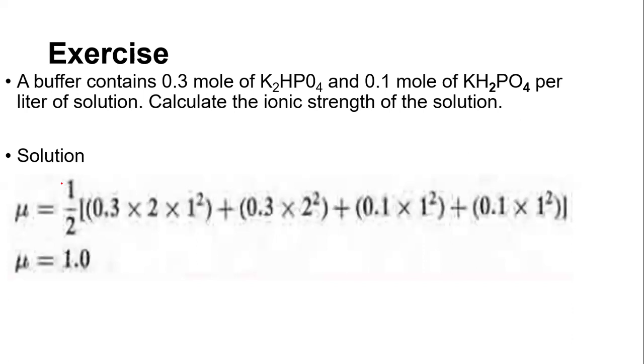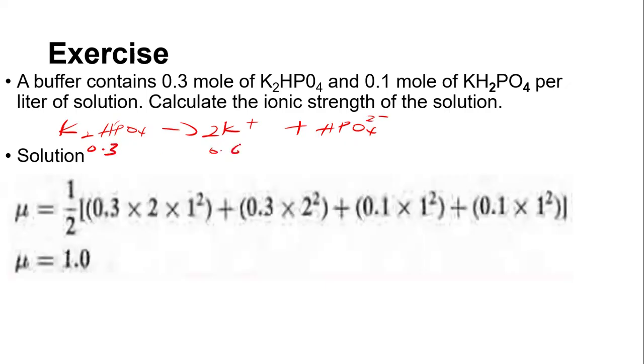Now, for us to understand the reason why we arrived at it, we have to first of all dissociate the potassium hydrogen phosphates like this, right? So we have this. Now I'll get 2K⁺ plus HPO4²⁻. Now I have 0.3 here.